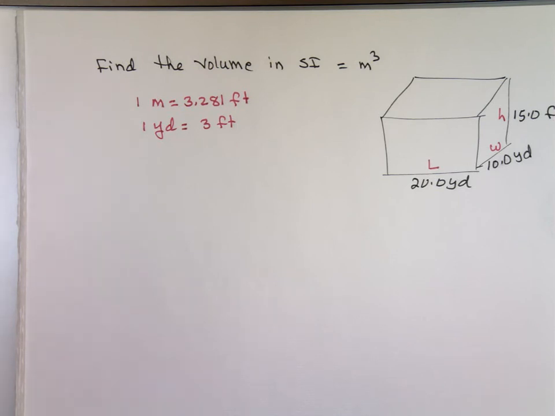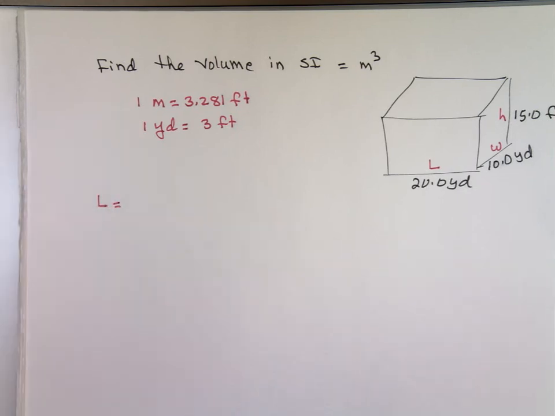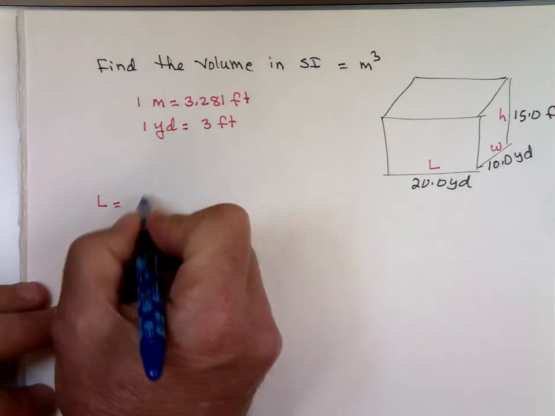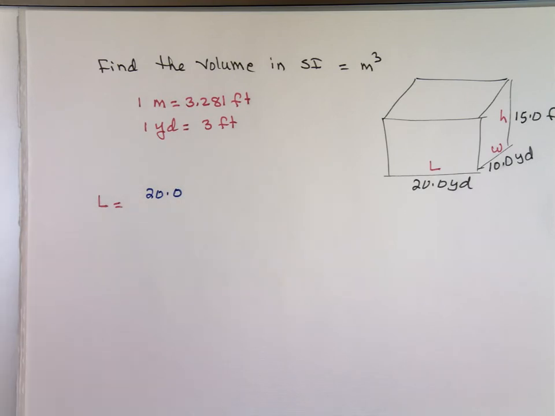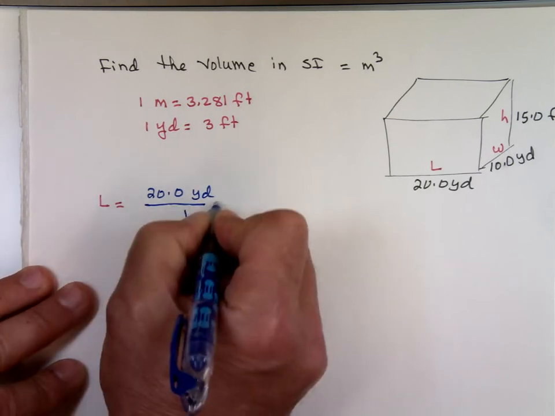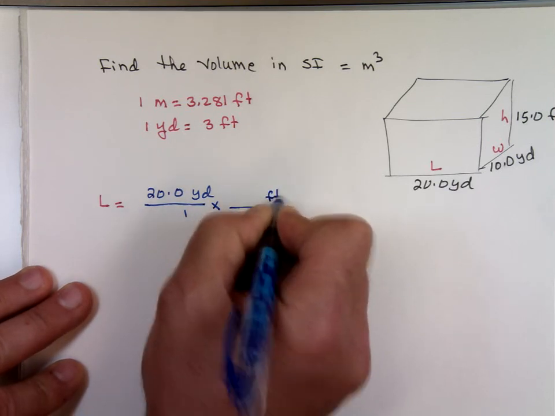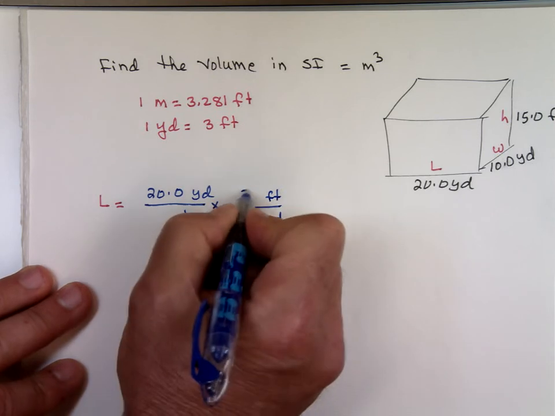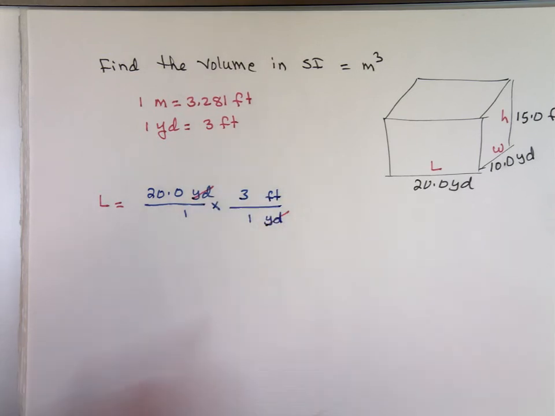Let's look at the length. The length is 20.0 yards. Notice 20.0 means three significant digits, so the answer has to have three significant digits, not decimal places. This is yards over 1. I need to convert that to feet first, so I want yards on the bottom, feet on the top. 1 yard has how many feet? 3. If I stop now, my answer will be in feet.